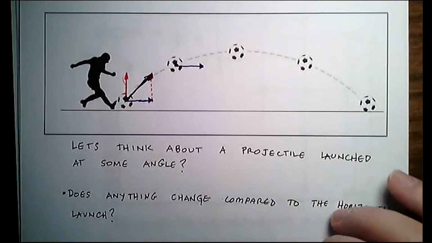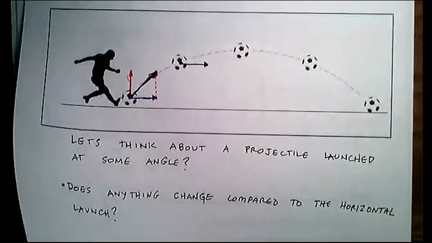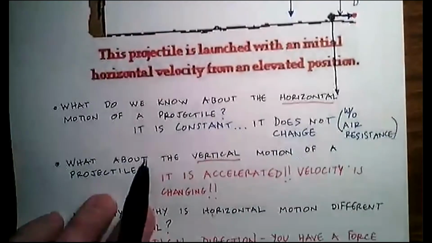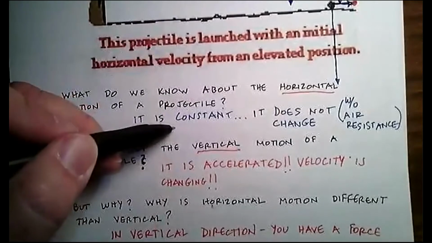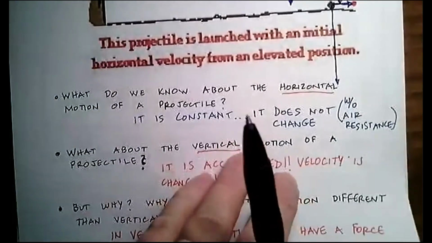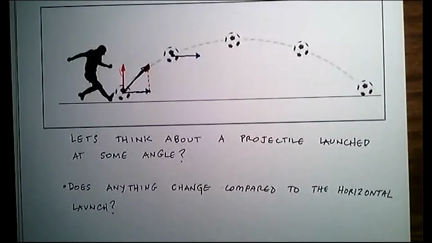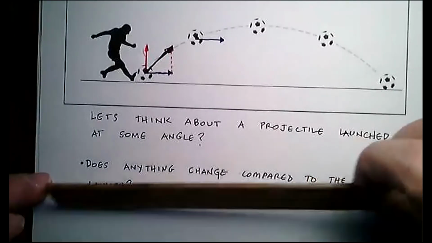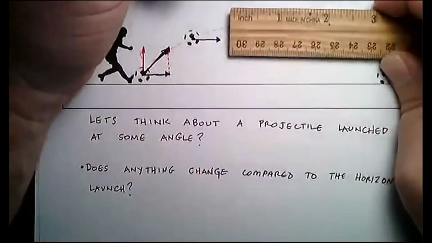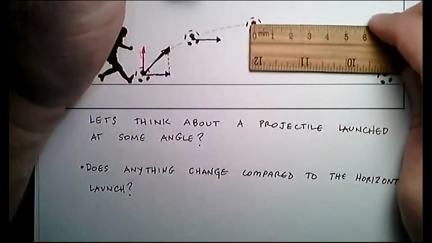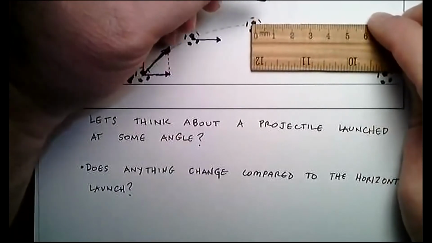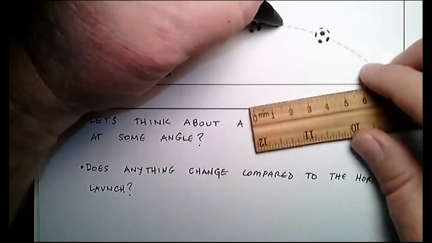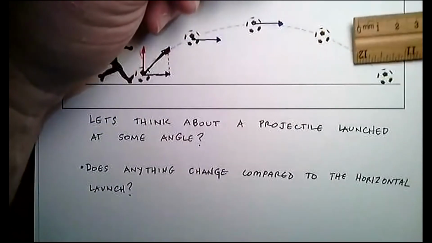The one thing that I know about horizontal velocities is that the horizontal velocity is always constant. It doesn't change. So if we have no air resistance, then every single one of these locations where the ball is should have the same length of horizontal motion. They should all be about this long, and they're all in the same direction.